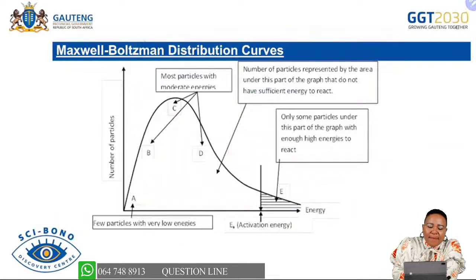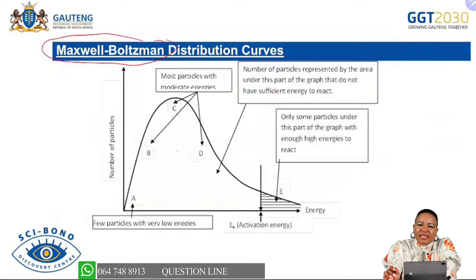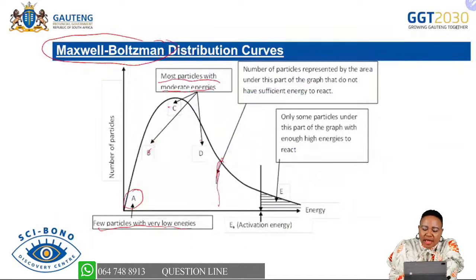Now, when you look at the Maxwell-Boltzmann distribution curves, you can see that this curve explains the kinetic energy of different particles in different areas under the graph. As you can see, at area A here, there are few particles with very low energy. Areas B, C, and D have most particles with moderate energy. However, when you look somewhere here at this area, there are a number of particles that do not have sufficient energy to react.